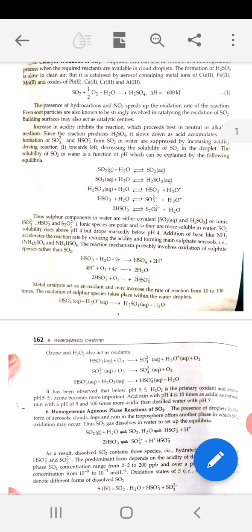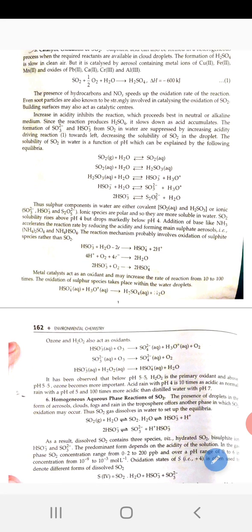Addition of a base like ammonia accelerates the reaction rate by reducing the acidity and forming the main sulfate aerosols, that is, ammonium sulfate (NH4)2SO4 and NH4HSO4. The reaction mechanism probably involves oxidation of sulfite species rather than sulfur dioxide.